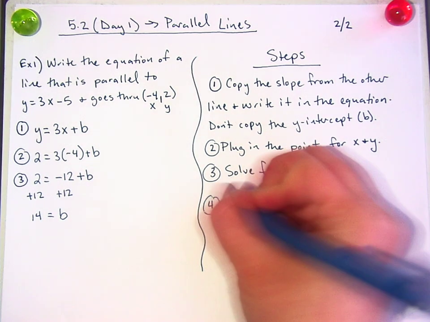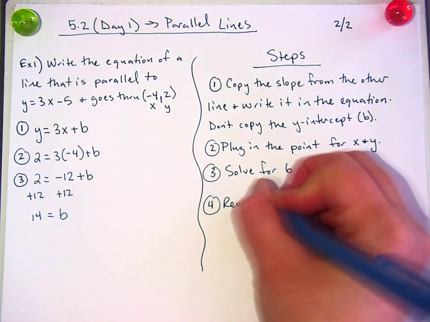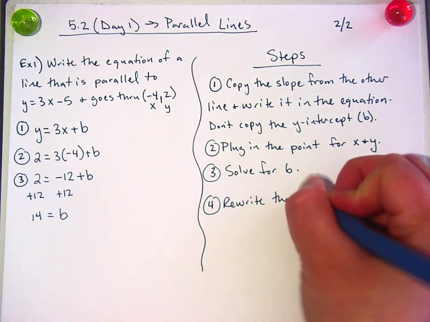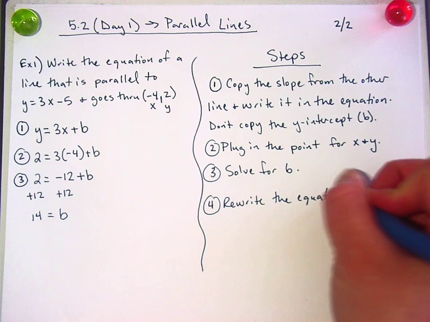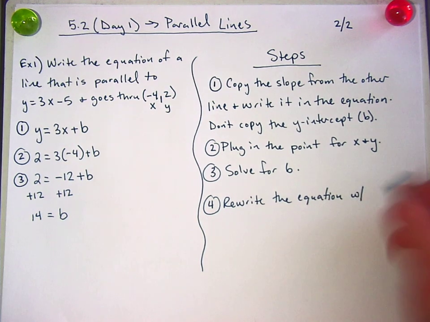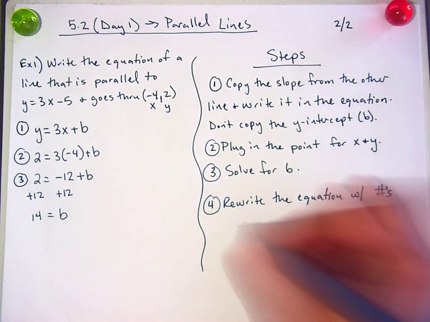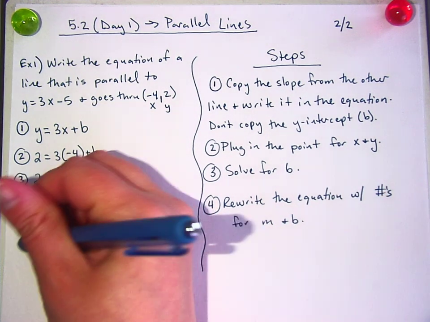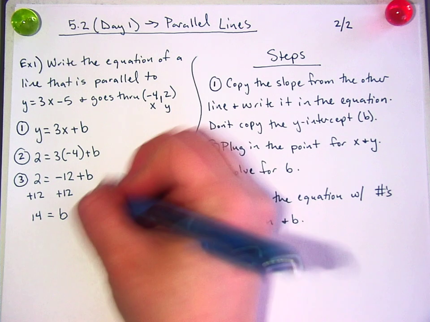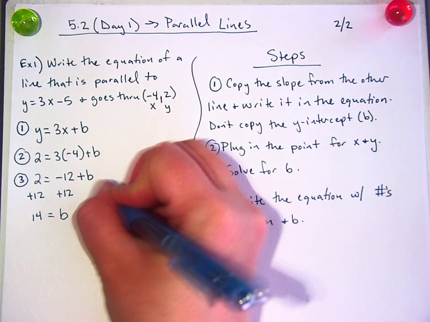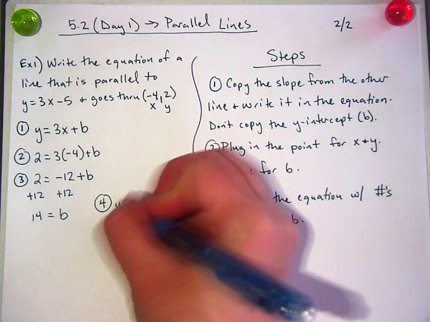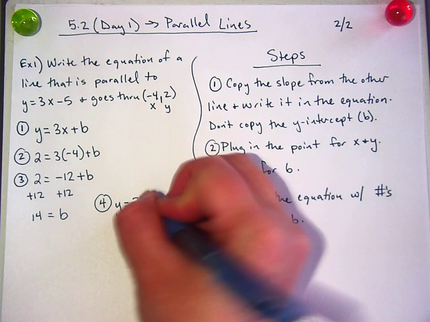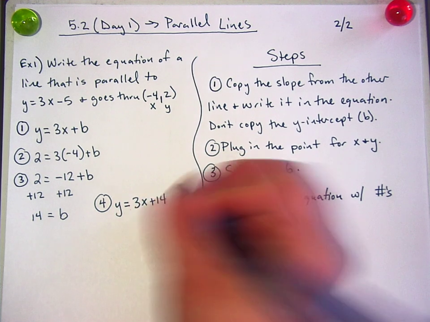Rewrite the equation with numbers for m and b. So step 4 is y equals 3x plus 14.